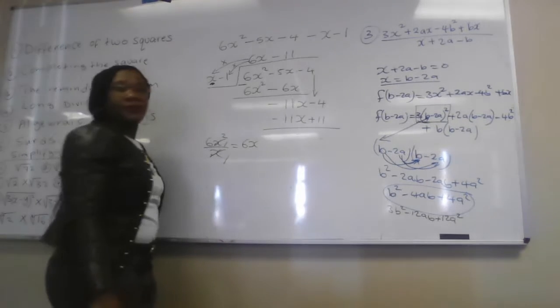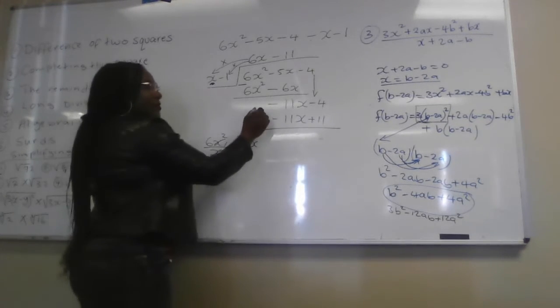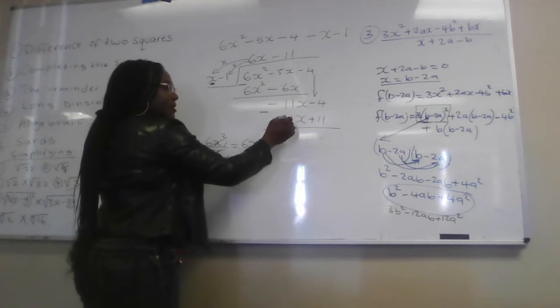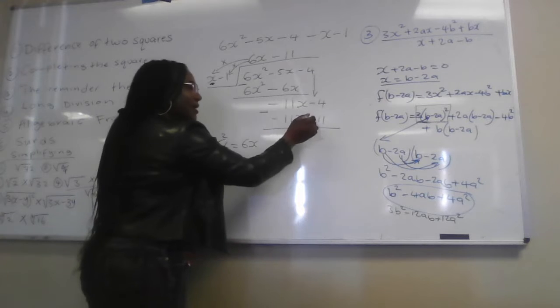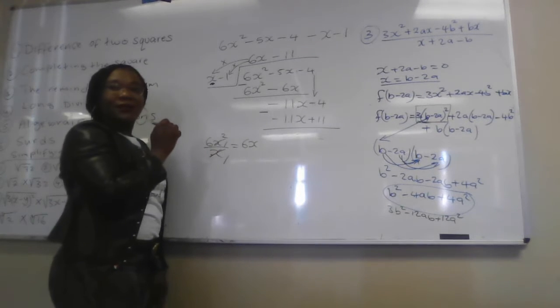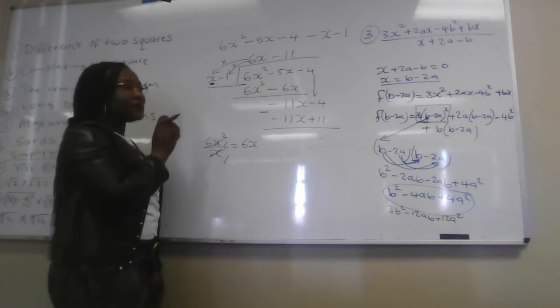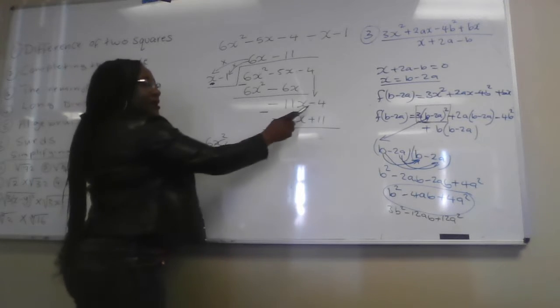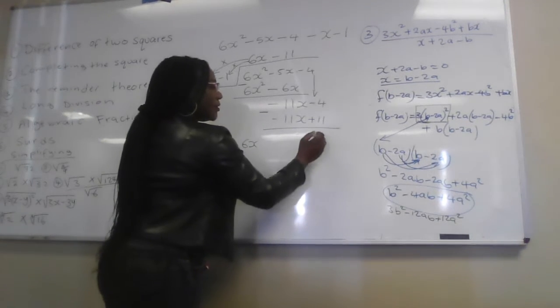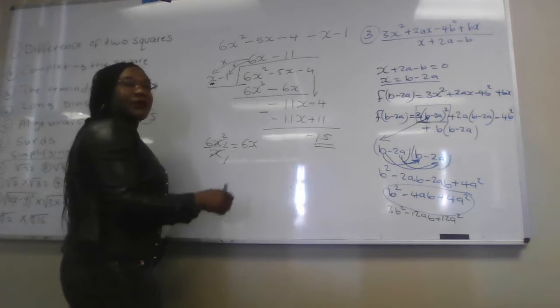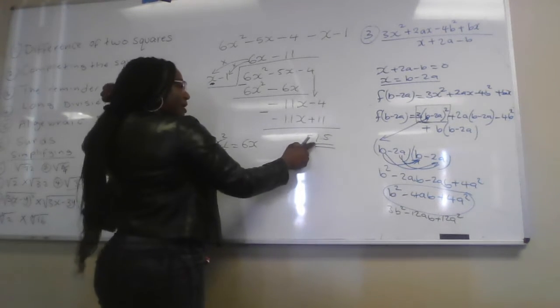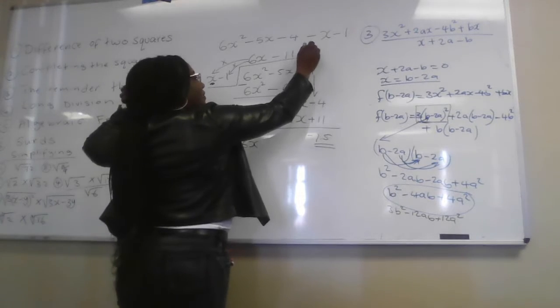Close. Then you subtract. This is 0. So minus 4 plus minus 4 minus 11. You see? What's the answer? This is minus 4. Yeah? Negative 15. This negative 15 is a remainder. So what we usually do if there's a remainder, you take it here, you say minus 15.